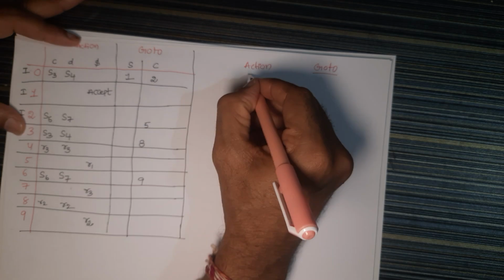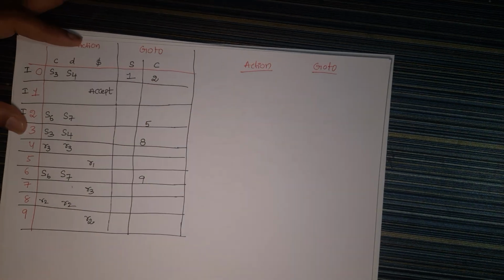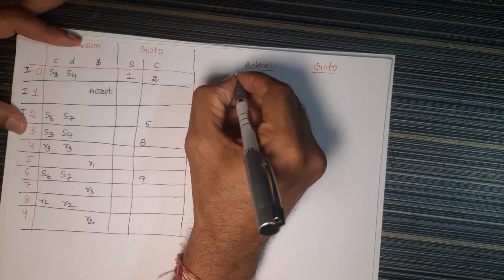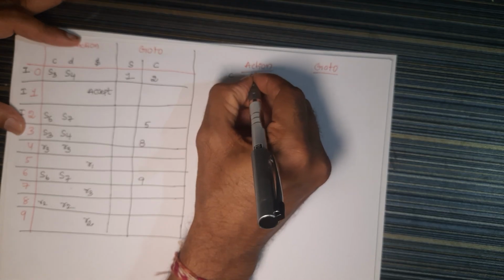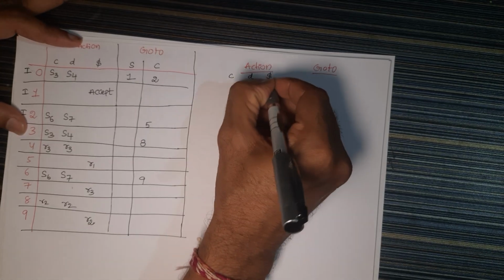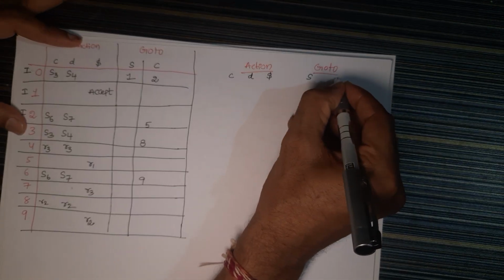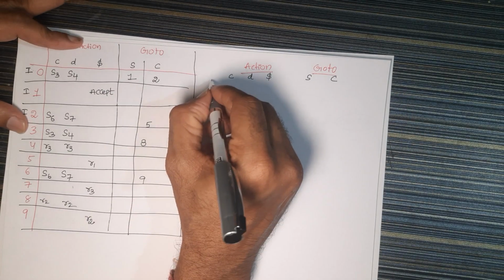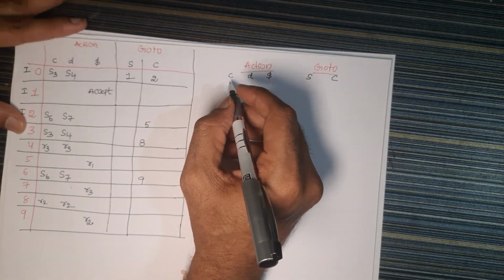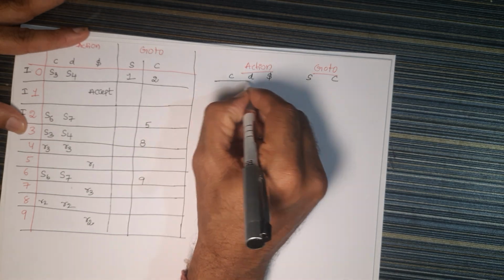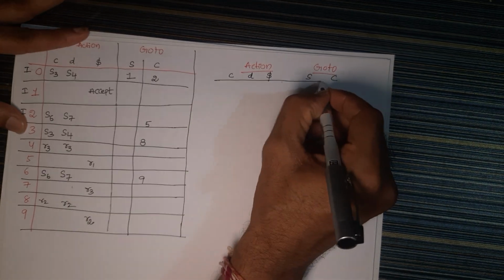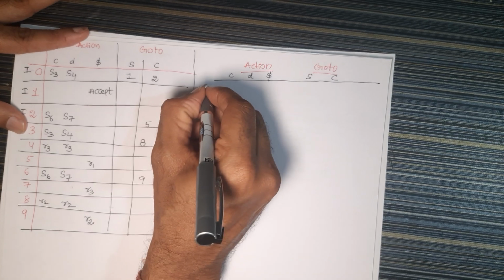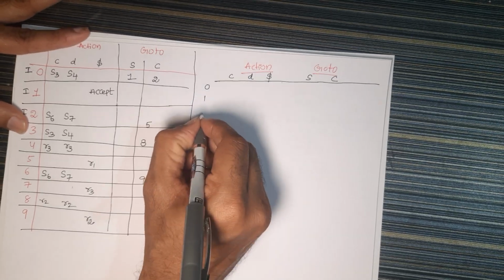In place of action we can write the values C, D, dollar, S and C. These are called actions as well as goto values. Now you see here the values are 0, 1, 2.